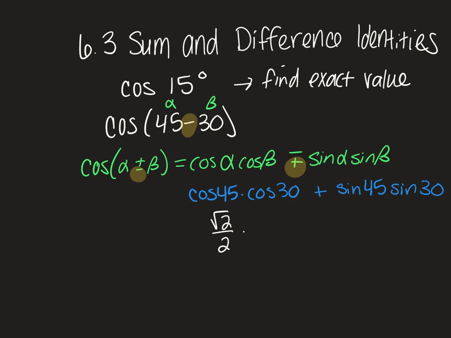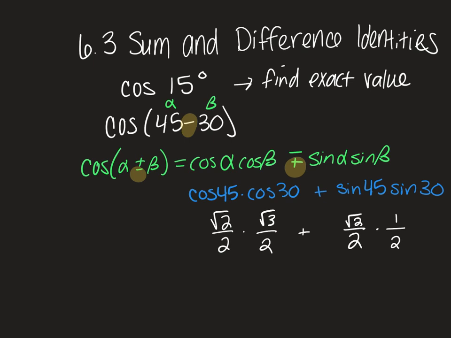So the cosine of 45 is the square root of 2 over 2. Cosine of 30 is square root of 3 over 2. Sine 45 is also the square root of 2 over 2, and the sine of 30 is 1/2. That all comes from the unit circle.